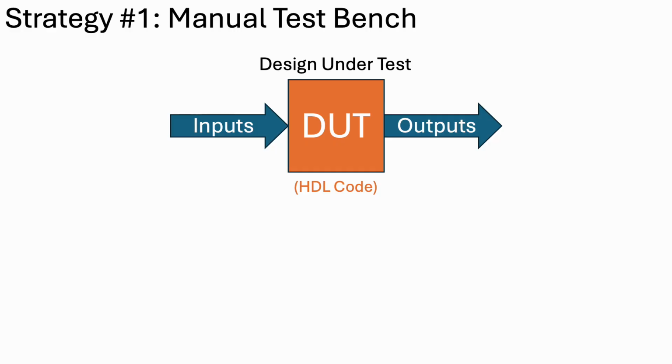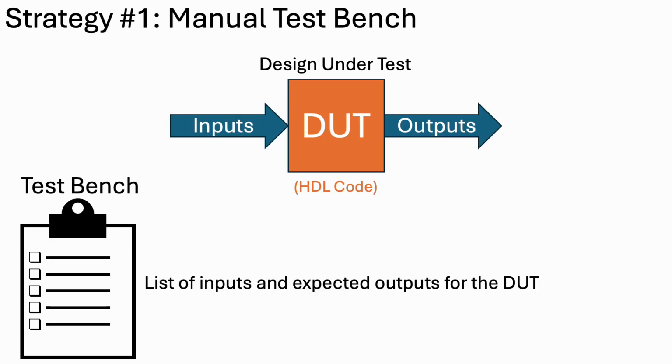So how do designers typically handle verification for their designs? You can imagine that it's pretty similar to software, where you might have a design under test that takes various inputs and should deliver various outputs, and then you come up with a list of inputs and their expected outputs.